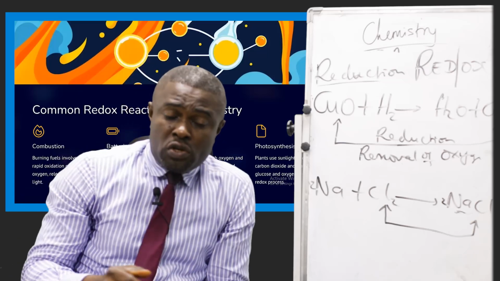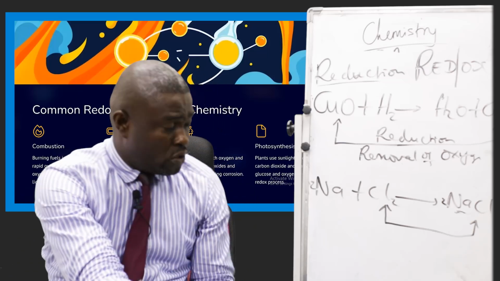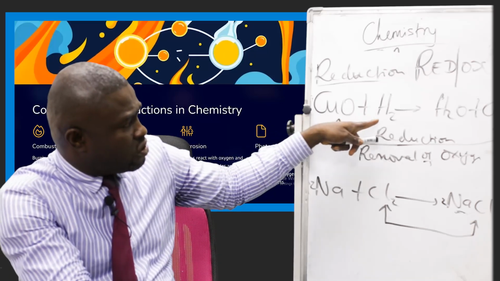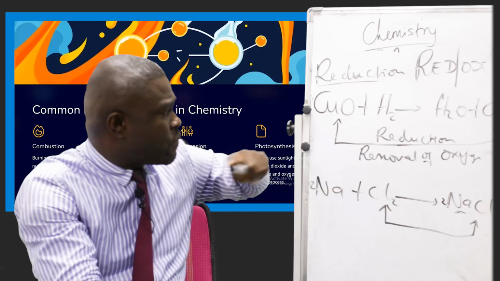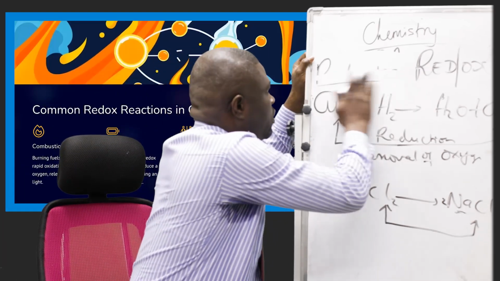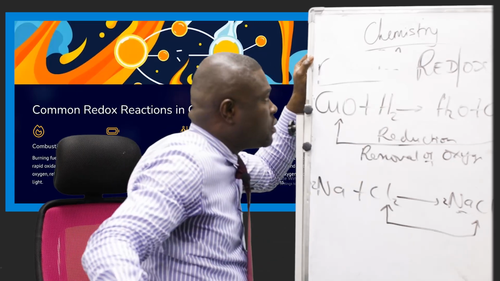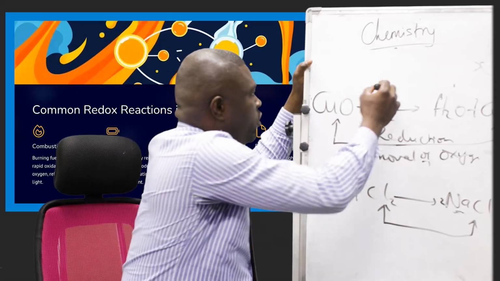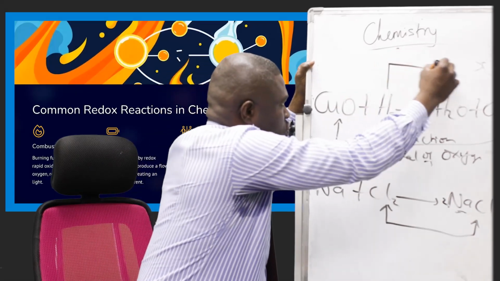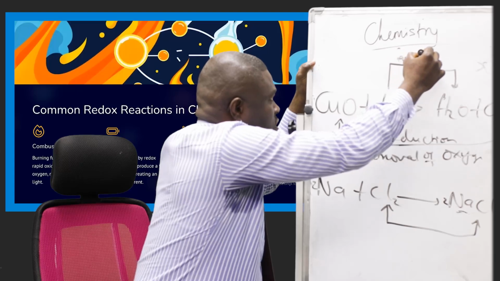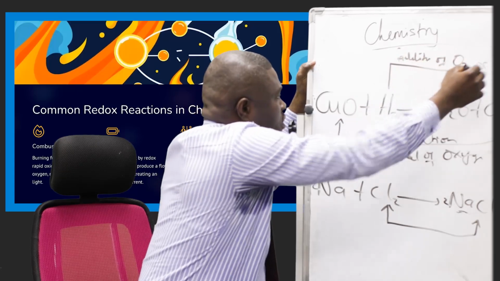Such a reaction is called what? Redox reaction. Look at copper 2 oxide reacting with hydrogen to give us water and copper. Oxidation took place from hydrogen to water because there is addition of oxygen.